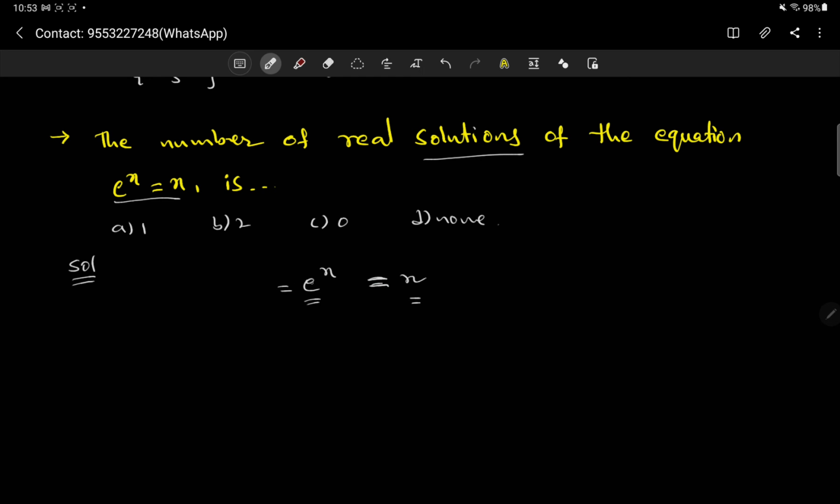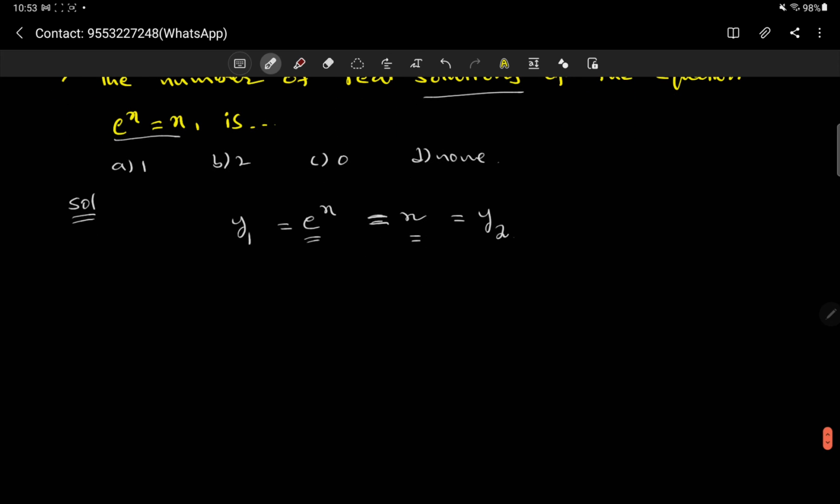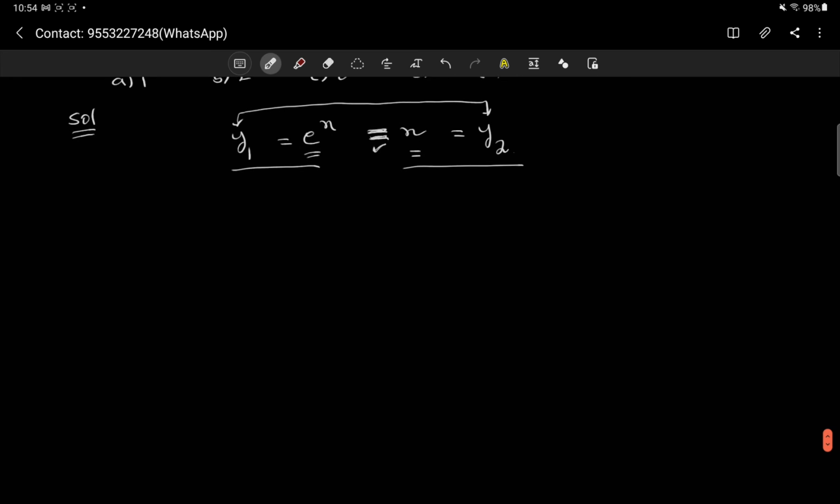So you see here, the e power x values I am going to take as y1 and the x values I am going to take as y2. So this is separate and this is separate. When y1 is equal to y2, then we can say both are equal, so the equal symbol will be satisfied and we will have the corresponding values of x, or the number of values of x.